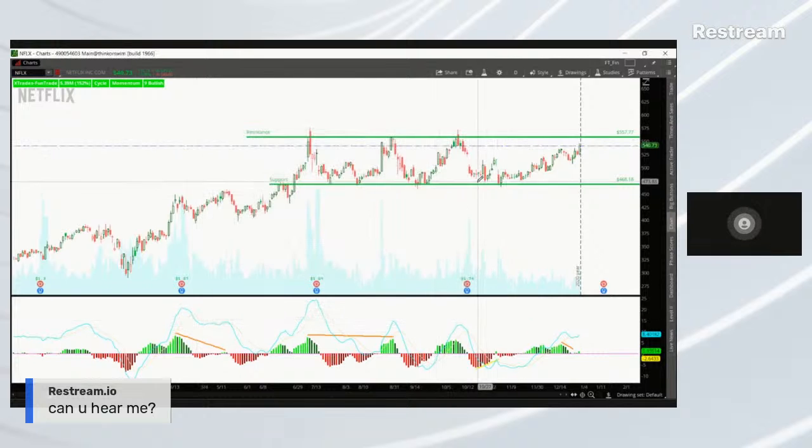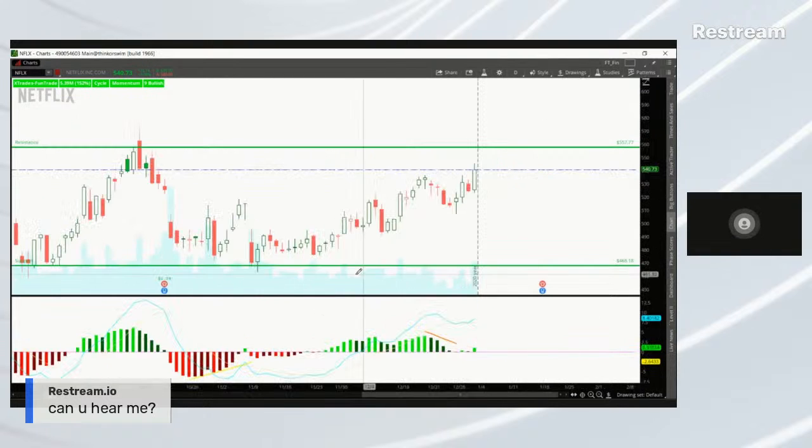So we got our support, we got our resistance. Now let's see, in our recent swing, let's say low to high, if we can find some channel. So let us just see. I'm just taking the recent low here, which is our support as well, and trying to come up with a channel.